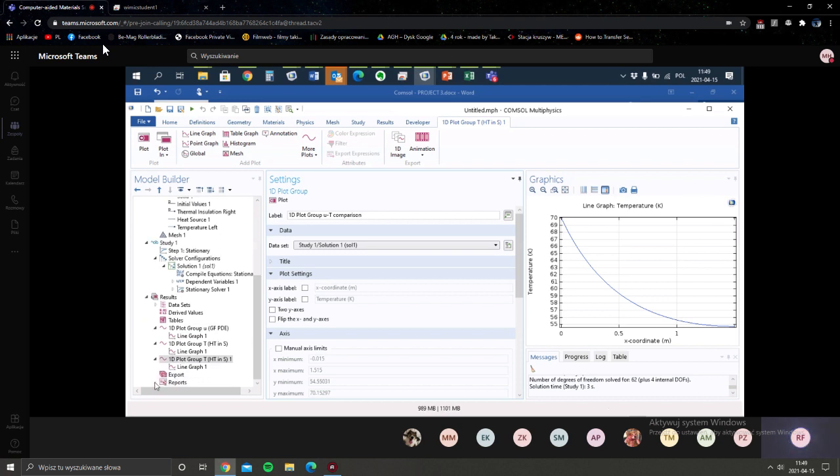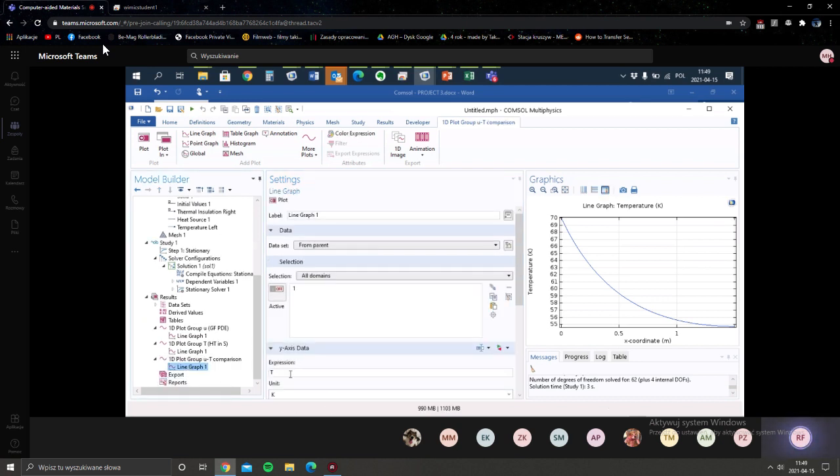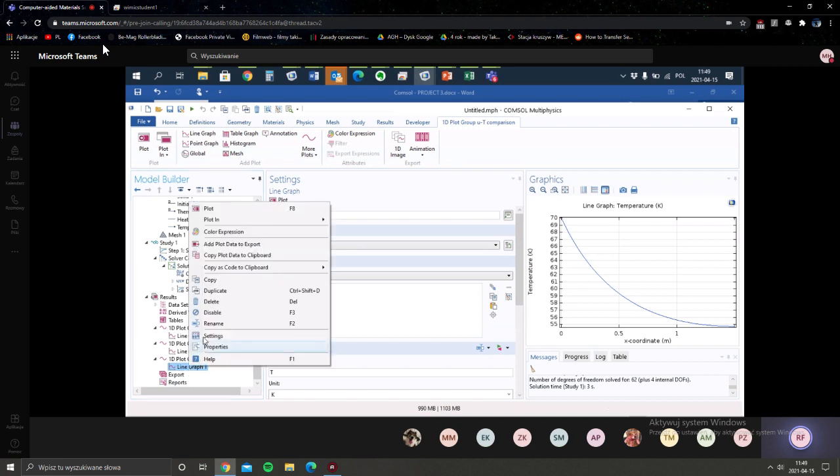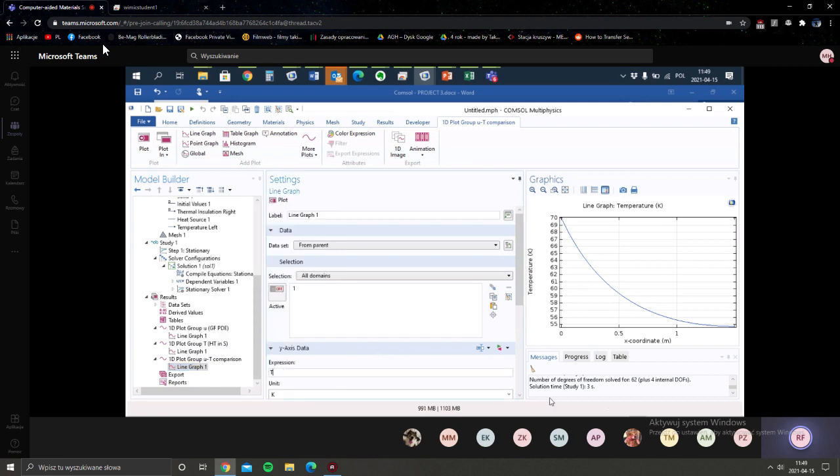So the first one is just temperature. So I duplicate it. Or what I can do, I can just plot the difference between T and U. Why not? And you can see that they are not the same. But from the calculation point of view, they are, because as you can see, the differences are at the level of 10 to minus 12.